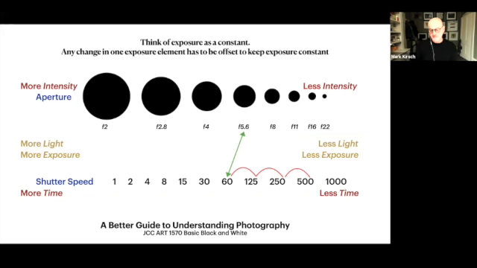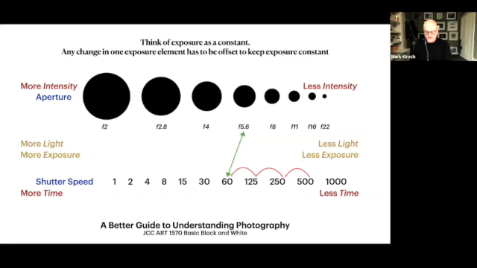Okay. Yes, that's a correct answer. So if I'm using less time, I need more intensity. So where do I want to end up? If I'm at 5.6 and I lost 1, 2, 3 shutter speeds here, where do I go on the aperture? Where am I going to end up on the aperture to reestablish that balance?